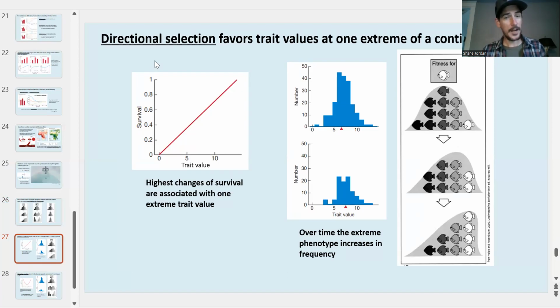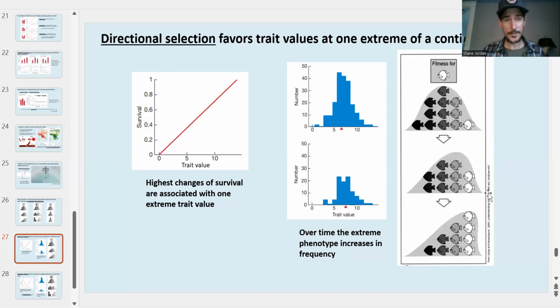And so the highest chances of survival are being associated with one extreme. And we can look at the cartoon here, and that really nicely illustrates how maybe in the first generation, there's this normal distribution of these different fish phenotypes, and the light colored fish aren't actually very abundant at all, but somehow the environment is favoring them.